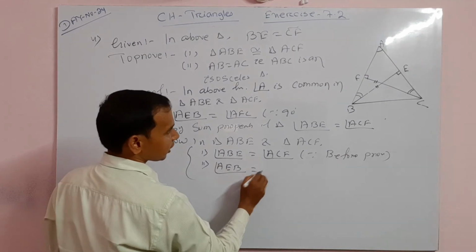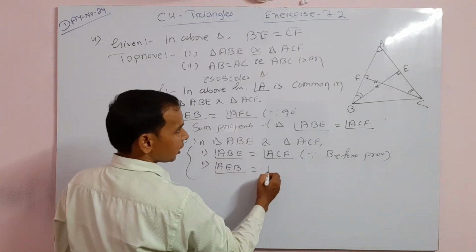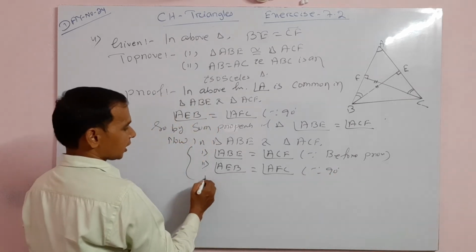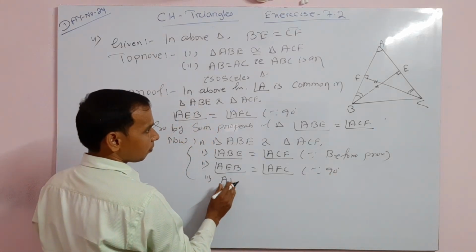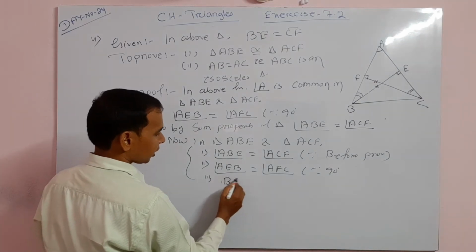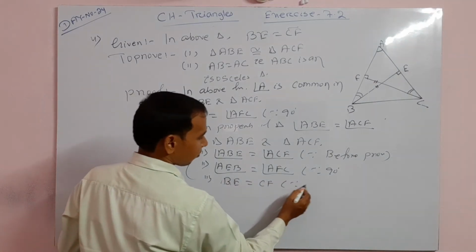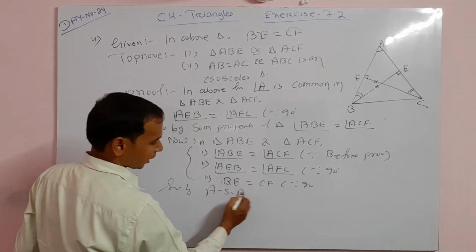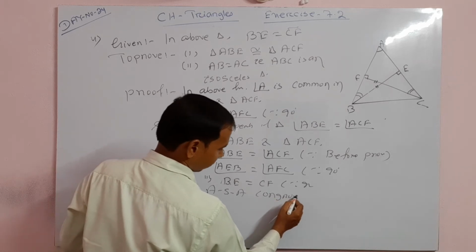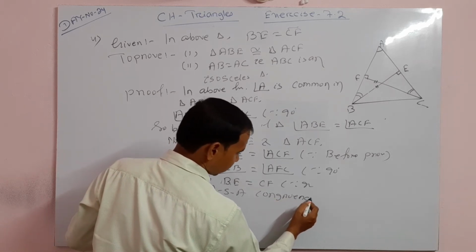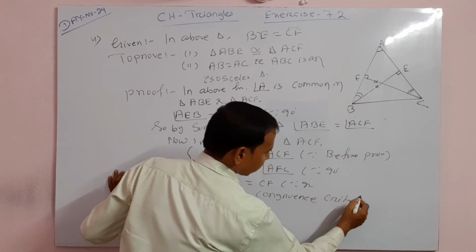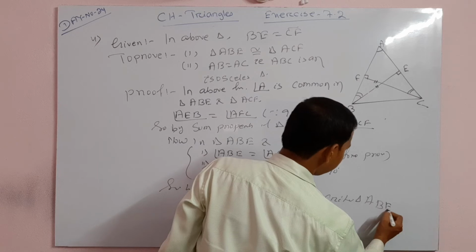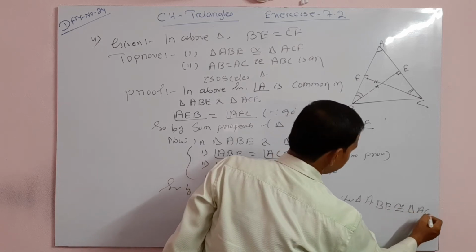And second option, देखो, AEB angle is equal with AFC angle because each is 90 degrees. Next third option here, BE is equal with CF because given. So by angle side angle congruence criteria, triangle ABE is congruent with triangle ACF.